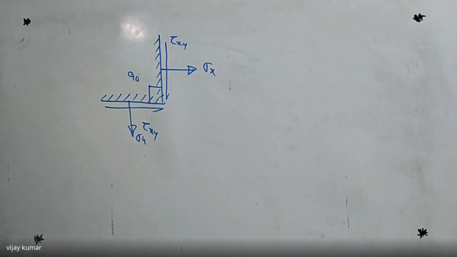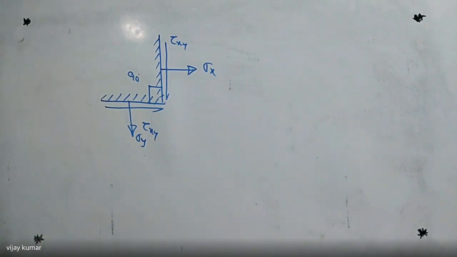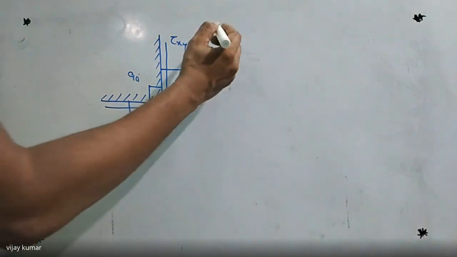So he is asking a question on this one: find the sum of the two normal stresses on two mutually perpendicular planes. What is the question that is given? Listen carefully, I'm going to give the question.